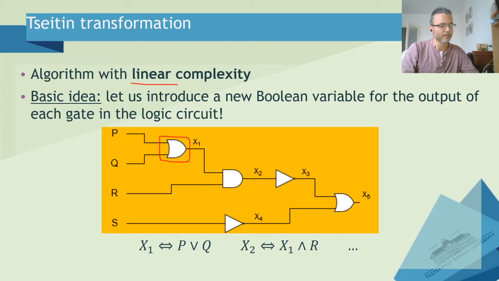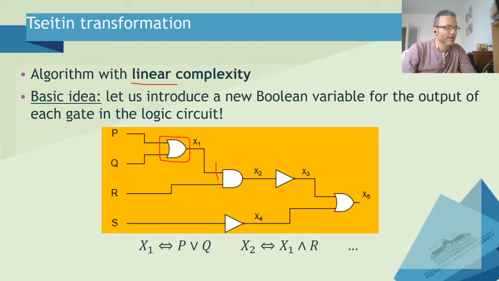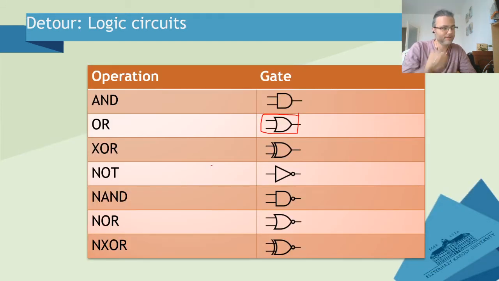By the way, does any of you know what logic gate this is? OR gate. Yes, this is the OR gate, exactly. And how about this one? This is the AND gate. Exactly, AND gate. So you already know the notation of those gates, but here on this slide you can find all of them.